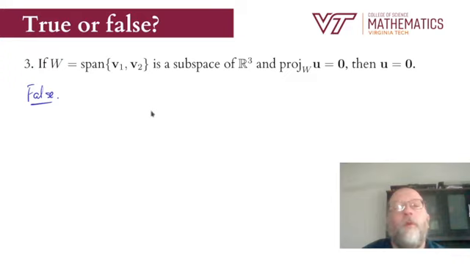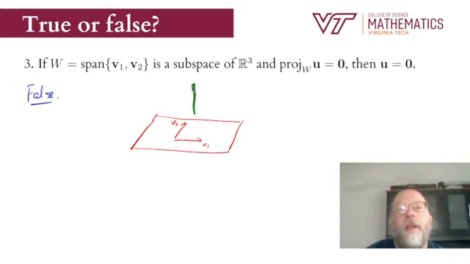So let me show you what's going on here. I have a span of two vectors. Two vectors will span a plane. The vector u could be pointing exactly straight up from the plane, and when we project it straight down, the projection is just a single point because the vector u is exactly perpendicular to the plane, so the projection just lands to be a single point.